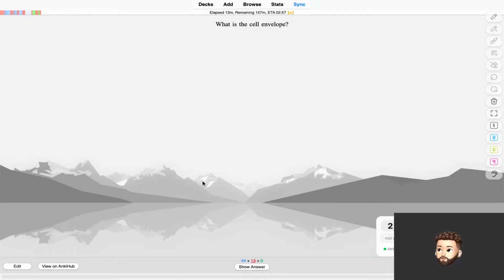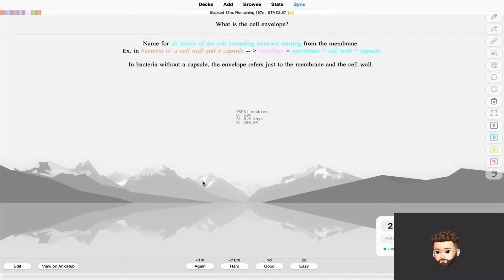What is the cell envelope? Everything extending outward and starting from the cell membrane, like all the layers.